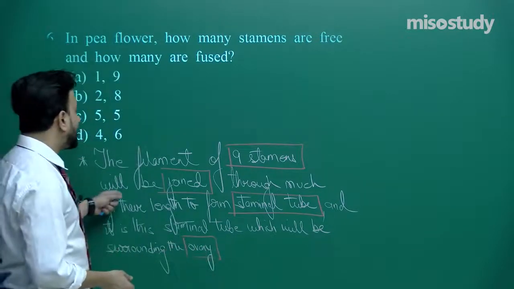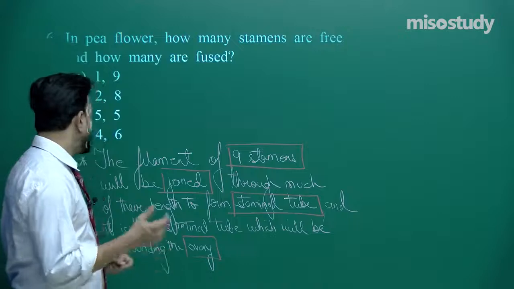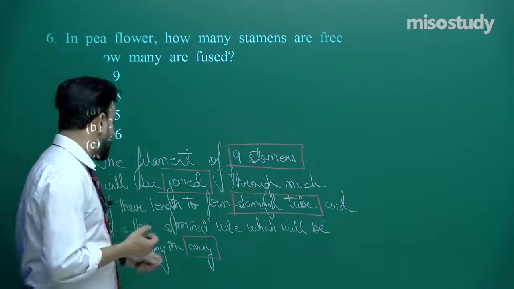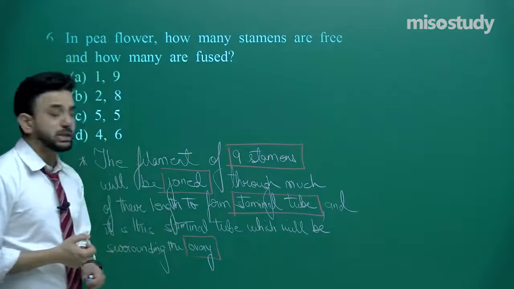So the filaments of 9 stamens will be joined through much of their length to form this staminal tube, and this staminal tube will be surrounding the ovary.